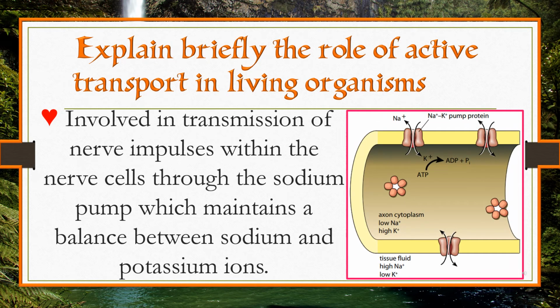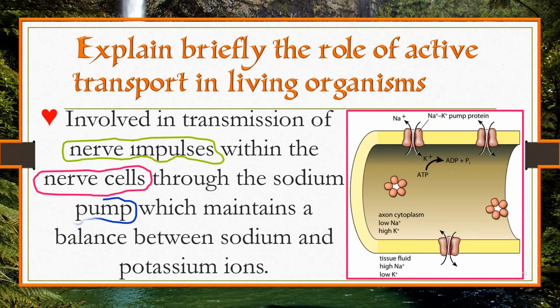Then active transport is also involved in the transmission of nerve impulses in the nerve cells through the sodium pump, and maintains a balance between sodium and potassium ions. Where is this taking place? In the nerve cell.